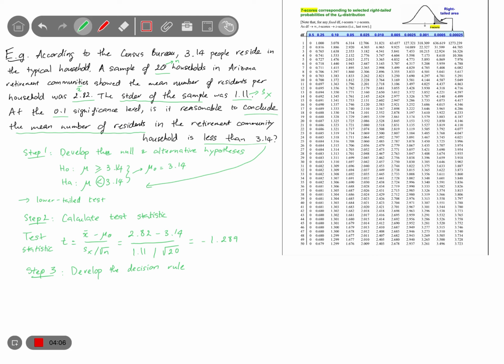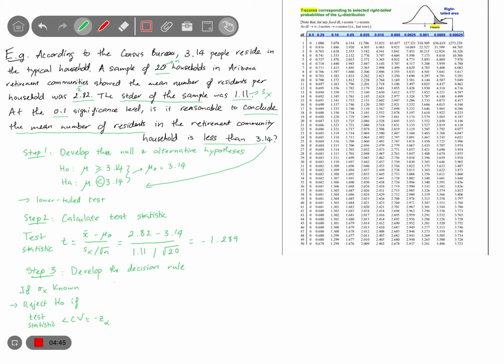This is a lower tail test, and so remember that if we knew the population standard deviation, then the decision rule is to reject the null if the test statistic is less than the critical value. And the critical value in that case would be negative z sub alpha.